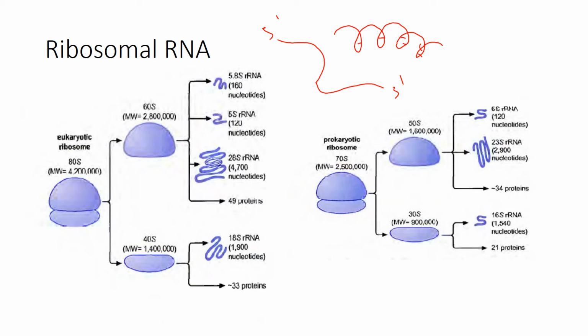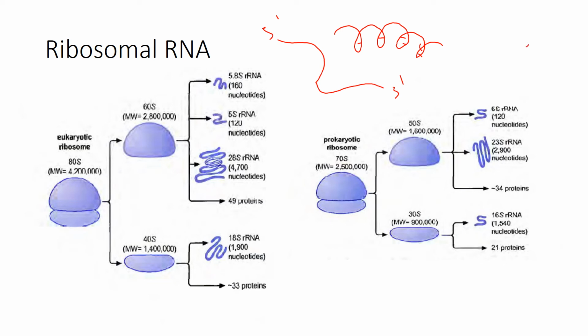Here in ribosomal RNA also we find many types of foldings, and these foldings are maintained by the bonds between the different nucleotides. So ribosomal RNA does not function independently, but its main functioning is when it is sandwiched along with the proteins and packed in the form of ribosomes.